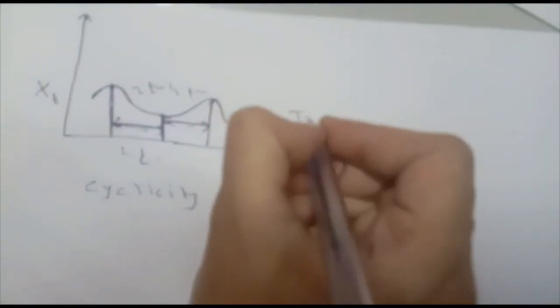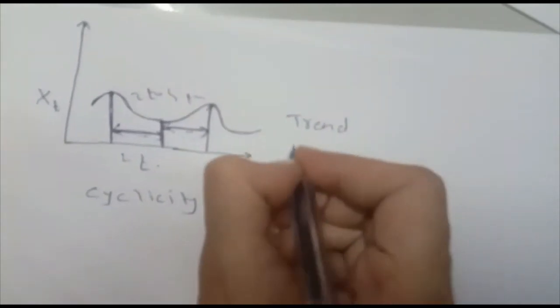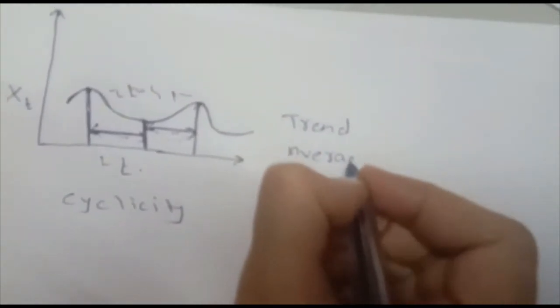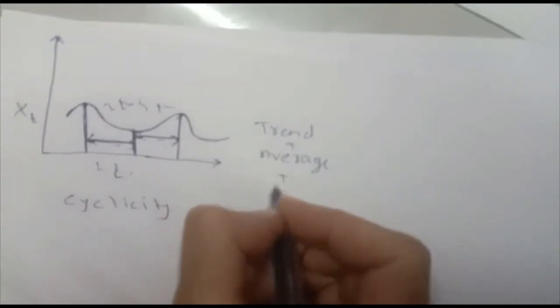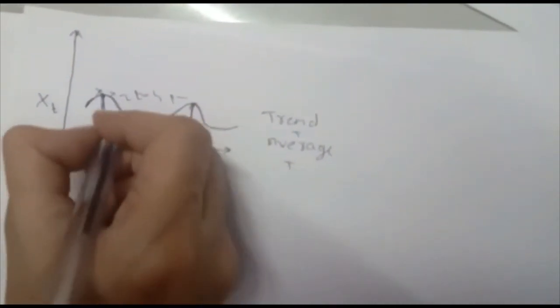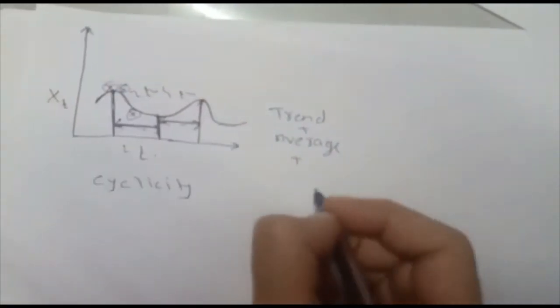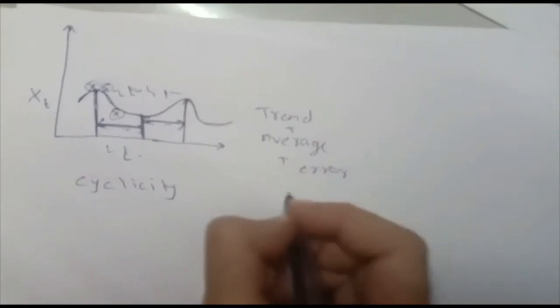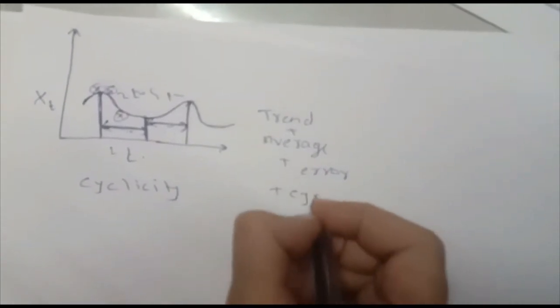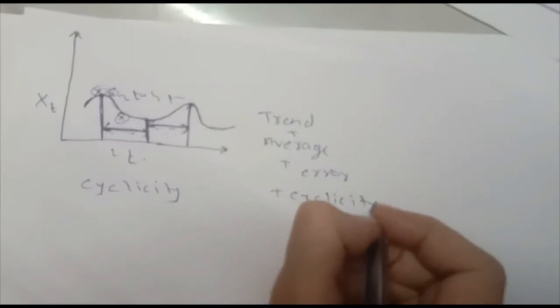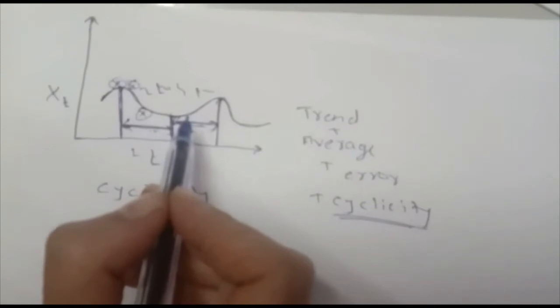In this case also there is a trend, plus we are going to take average, plus there are some error values, right, so plus error and cyclicity, that is after some time the values get repeated but the time span is not same.